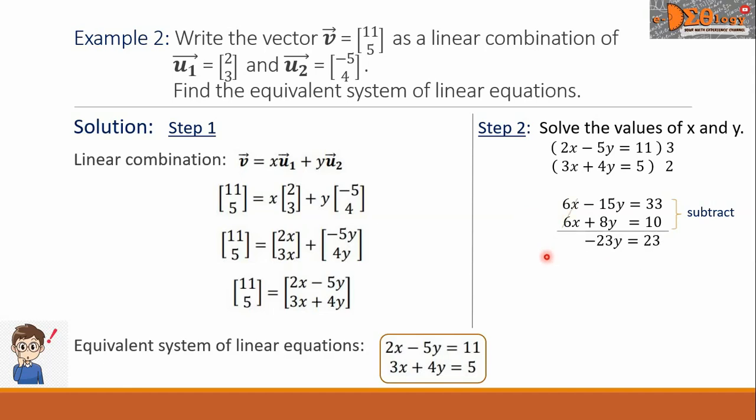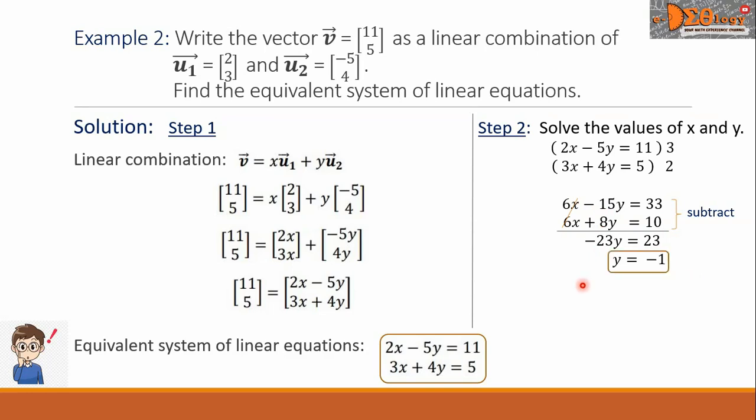Getting the difference now, we cancel the 6x and 6x. Negative 15y minus positive 8y is negative 23y equals 33 minus 10 is 23. And from here, we can get the value of y as negative 1.